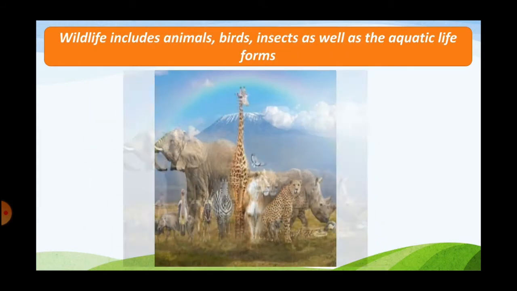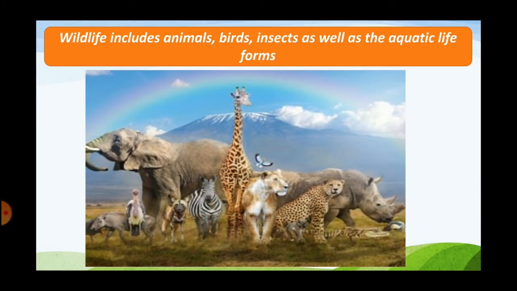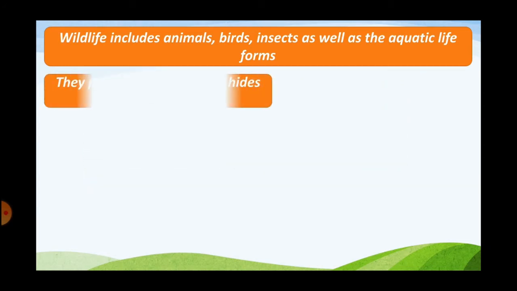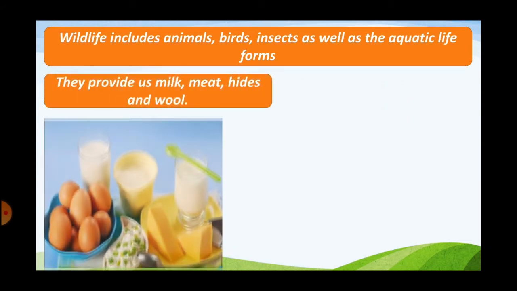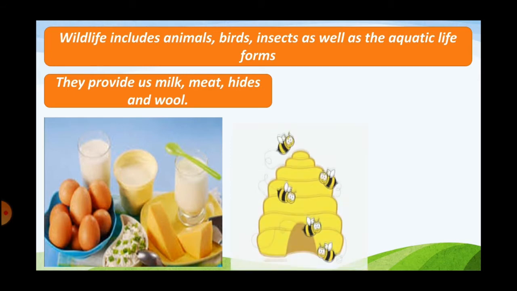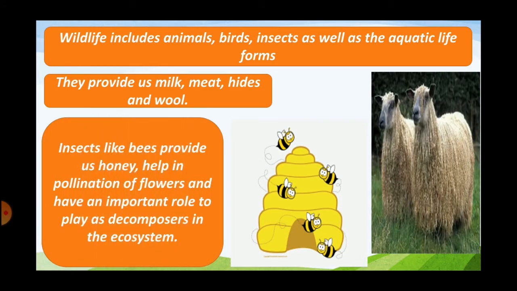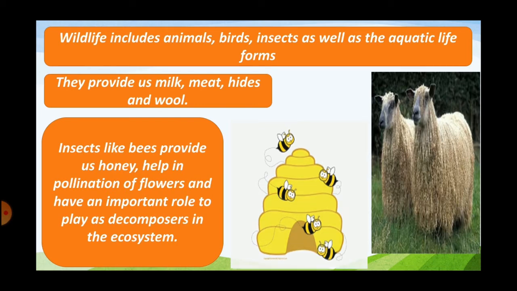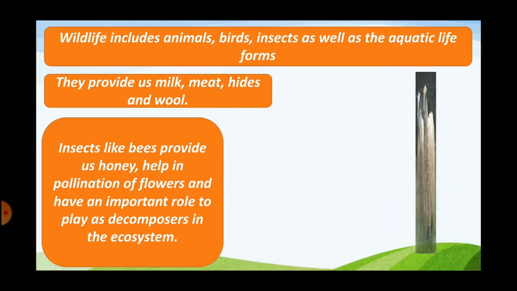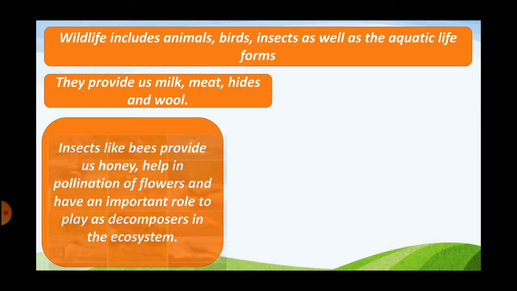Wildlife. When we talk about wildlife, it includes animals, birds, insects, as well as aquatic life forms. They provide us with milk, meat, hides, and wool. Insects like bees provide us honey, help in pollination of flowers, and have an important role to play as decomposers in the ecosystem.